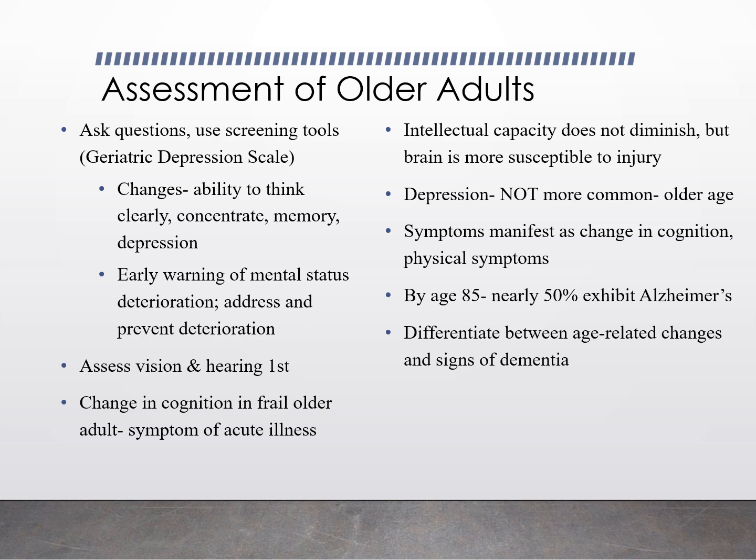So just because somebody is having issues with mental status or history of depression, that does not mean that their intellectual capacity has changed. Just because somebody's older, that doesn't mean that's the case either. So we never assume that. Depression is not necessarily more common in older age than it is in anyone else.